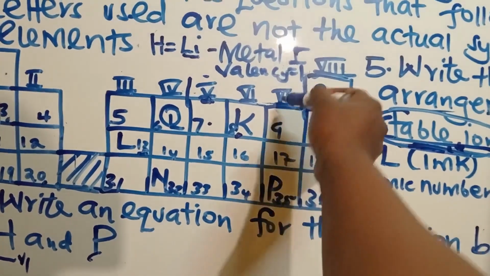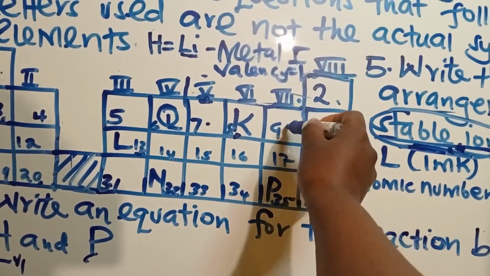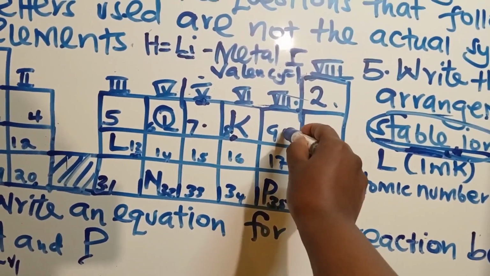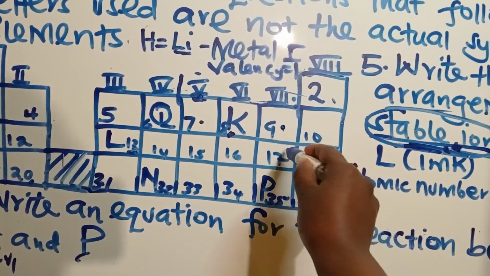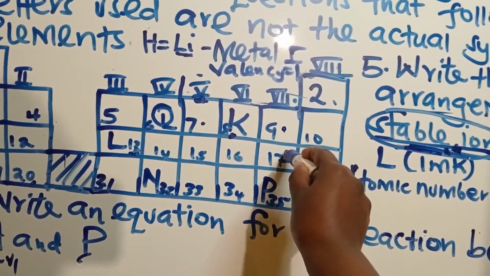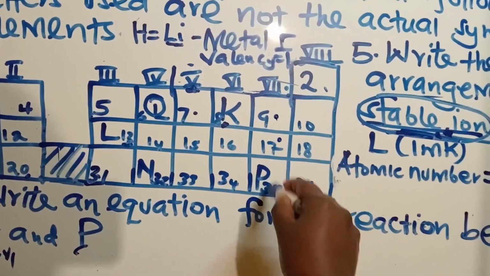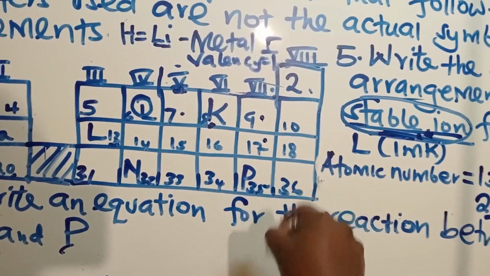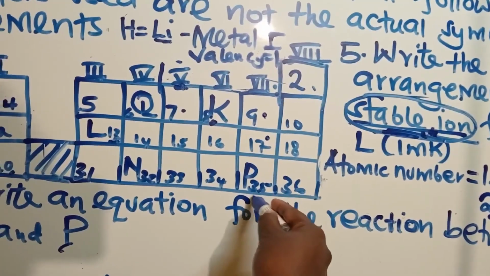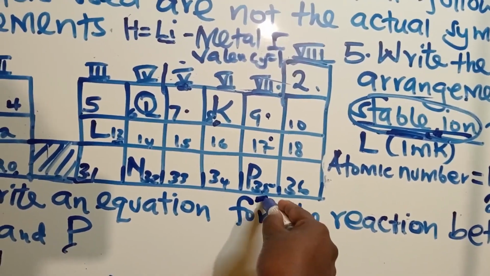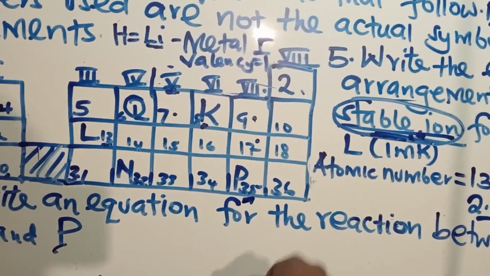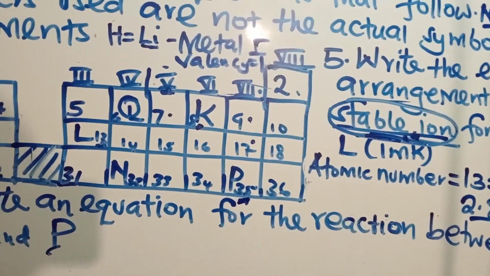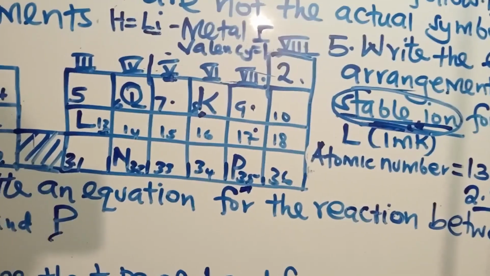Among the first 20 elements we learn more about atomic number 9, which is fluorine, and atomic number 17, which is chlorine, but we don't mention the rest very much because those are beyond atomic number 20. But even then, the fact that it is placed in group 7 is enough clue to tell you it has valence 1.